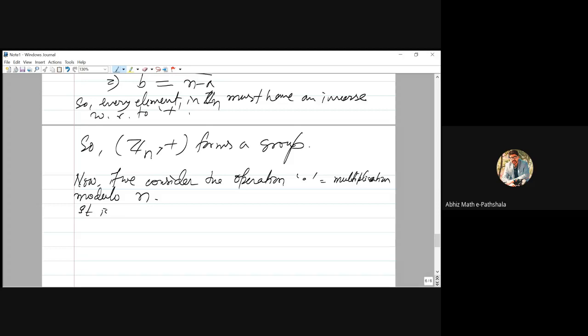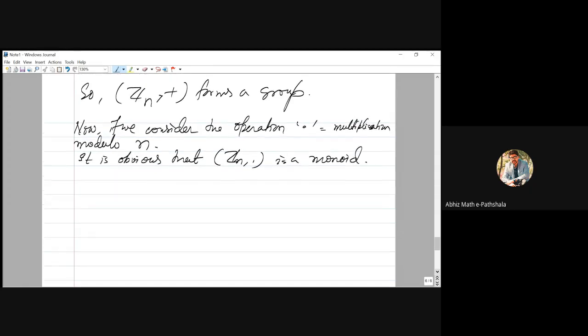So it is obvious that Zn dot is a monoid, right? Okay. Then does it form a group? That is, does every element in Zn have an inverse with respect to multiplication?